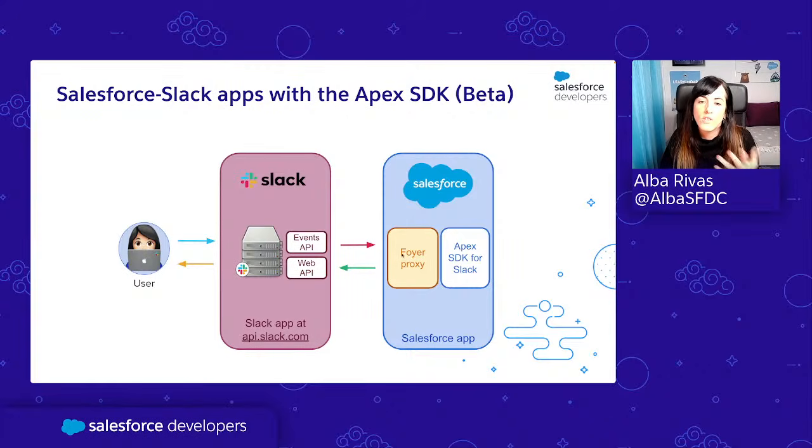So your applications built with the Apex SDK are going to be, in general, more performant. In order to use that Foyer Proxy directly from Apex, they have created an SDK, a set of classes, methods, etc., that allow me to interact with the Events API and with the Web API.